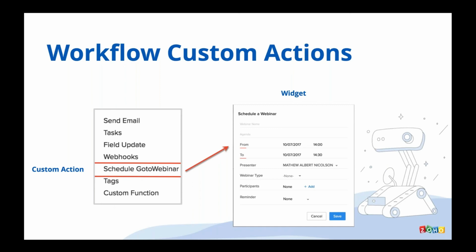That UI can be completely driven by you through the widget. So we are going to provide widget support inside CRM in the upcoming release. That's the example I've quoted. Say you have created a GoToWebinar widget, and when you are writing it, you also include the actions in it. Schedule GoToWebinar is the action. So this is about giving custom actions.